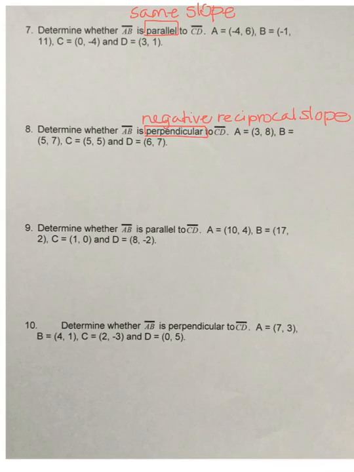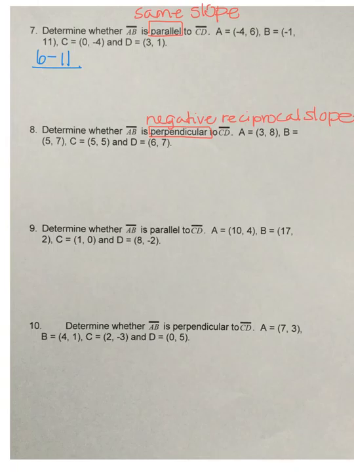So in order to determine whether AB is parallel to CD in number 7, we're going to check the slopes of AB. So those are the two given points. It's the change of y over the change of x. So we have 6 minus 11 over negative 4 minus a negative 1.